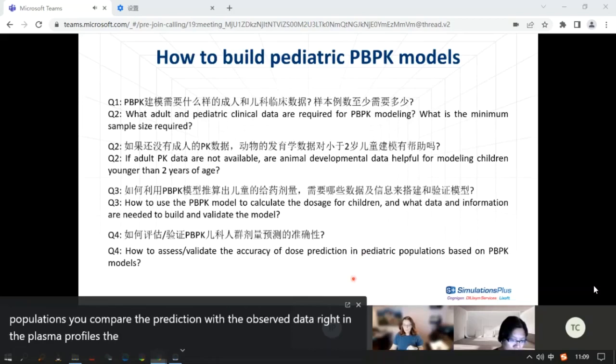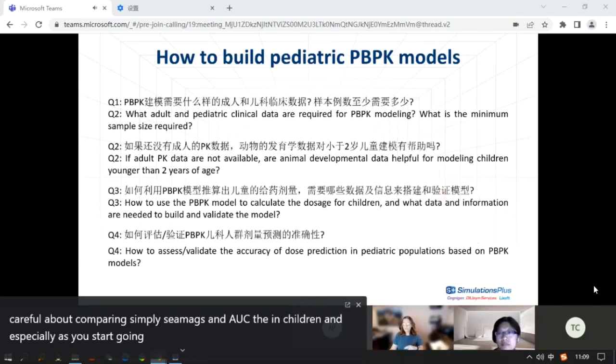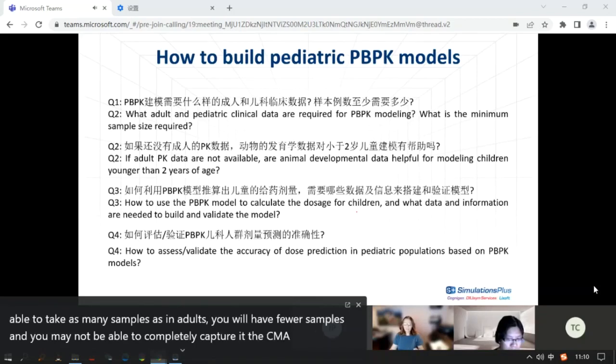The one thing I would like to point out here is be careful about comparing simply Cmax and AUC. In children, and especially as you start going into the younger groups, you may not be able to take as many samples as in adults. You will have fewer samples, and you may not be able to completely capture the Cmax and AUC.